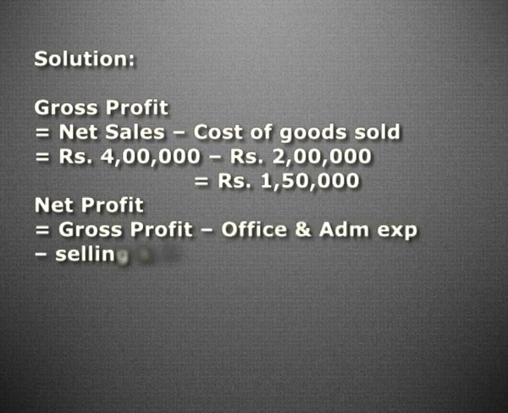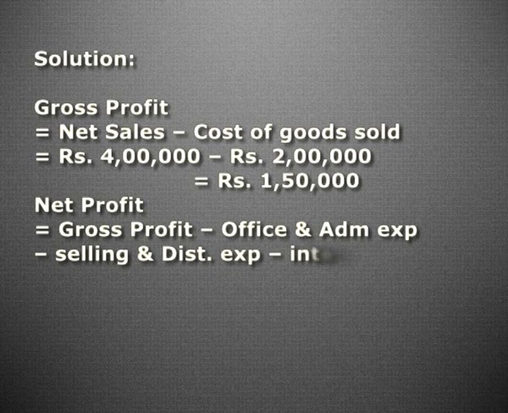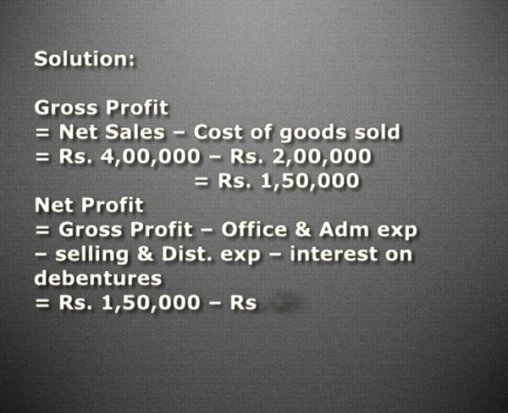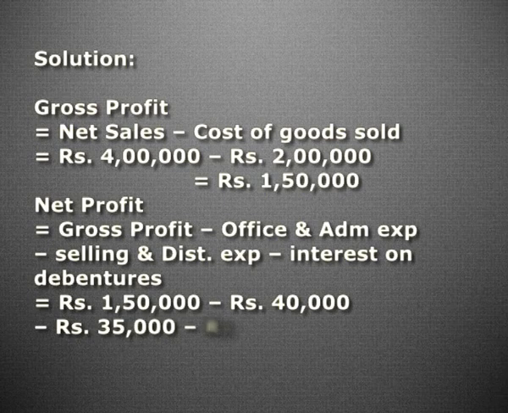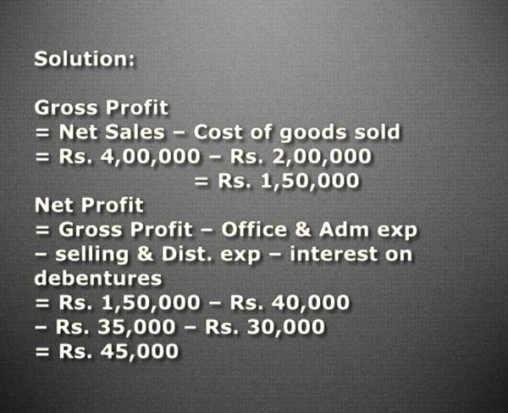Net profit is equals to gross profit minus office and administrative expenses minus selling and distribution expenses minus interest on debentures is equals to Rs 1,50,000 minus Rs 40,000 minus Rs 35,000 minus Rs 30,000 is equals to Rs 45,000.